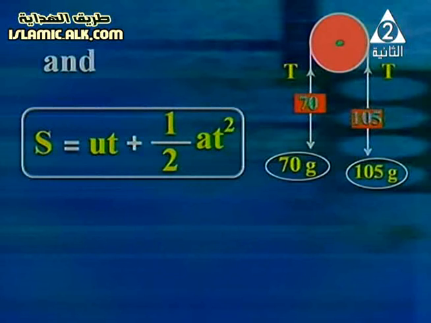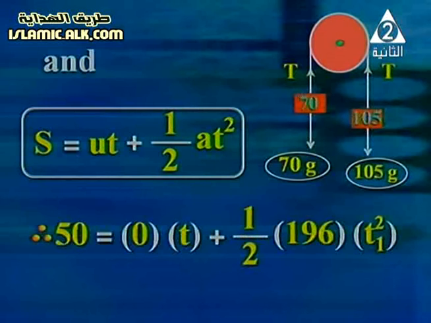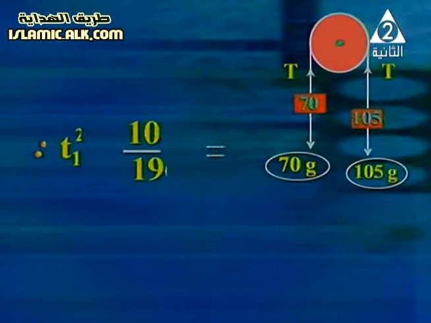Using the second law of motion, S, which represents the distance, equals ut plus half at squared. By substitution, S equals 50, initial velocity 0 and a is 196, to find the value of t. Then t squared equals 100 over 196.